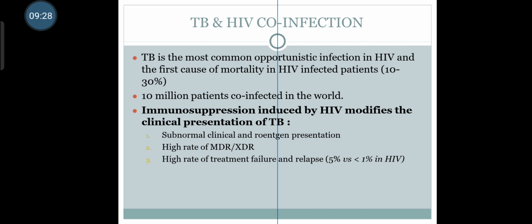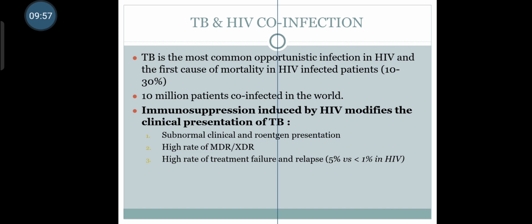10 million patients are co-infected in the world, that is, co-infected with tuberculosis as well as HIV. Immunosuppression induced by HIV modifies the clinical presentation of tuberculosis. So, there is subnormal clinical and radiographic presentation, high rate of multi-drug resistant tuberculosis, high rate of treatment failure and relapse, that is recurrence.